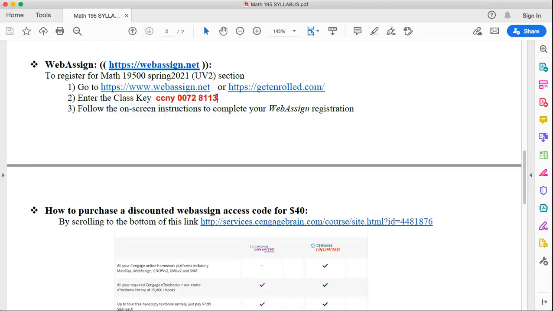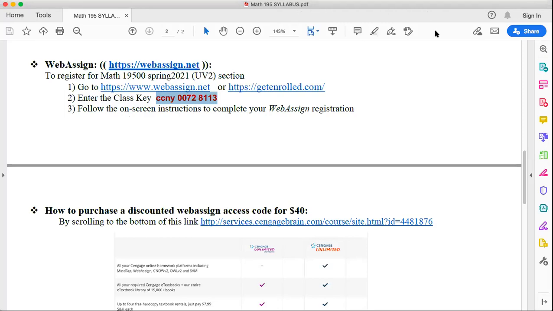This is the class code: CCNY 00728113. You put it inside the bar and you click register. You will see my class and my name: Math 19500, Spring 2021, UB2, and my name, Gassan Yusuf. Okay? Then follow the screen instructions and everything is easy.